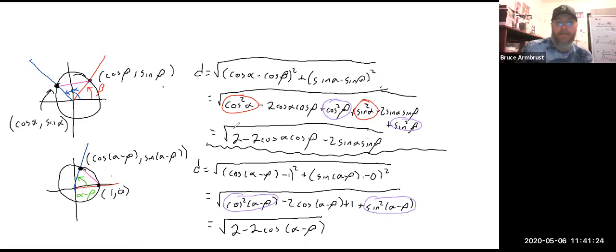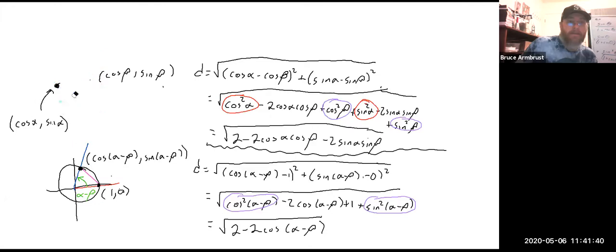Well, since they're both square roots, I know what's inside the square roots have to be the same. So let's just take what's inside those square roots and set them equal to each other. So I'm going to clear some space over here. Let me just go erase what's going on this side. And I'll erase the other picture while I'm at it.